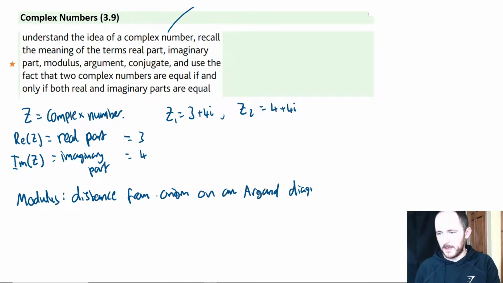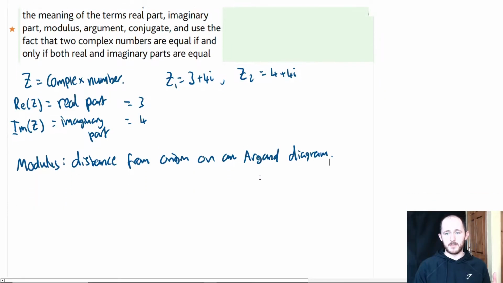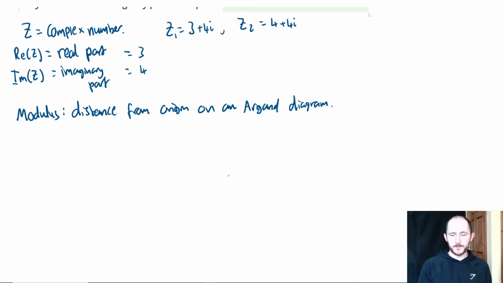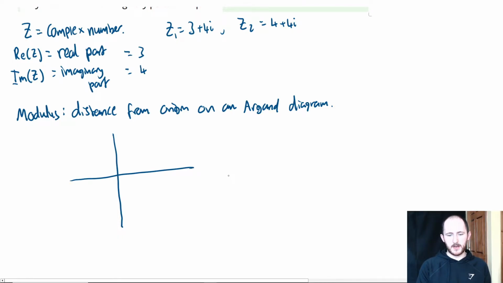And you may think, okay, that sounds a bit weird. Essentially, Argand diagrams are ways that we can represent complex numbers, and they're actually quite simple. You have axes just like normal, but instead of x and y, we instead have Re for real and Im for imaginary, and that's literally it.